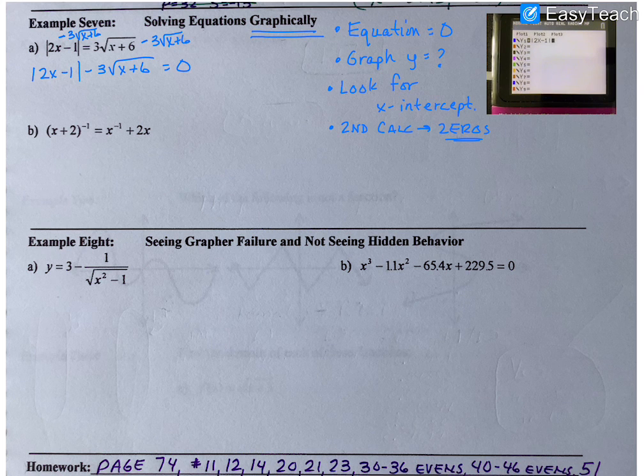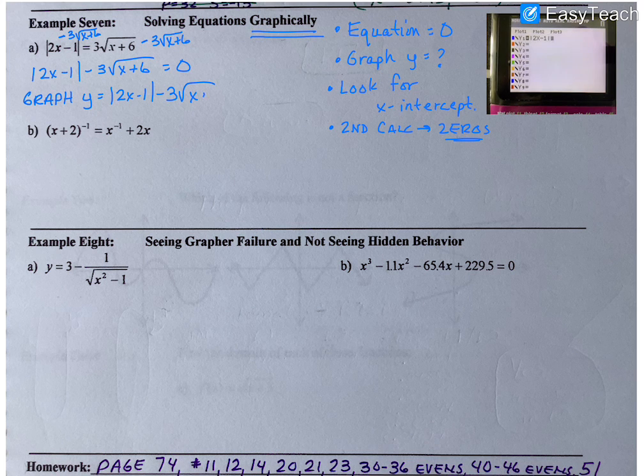And so in one step, we were able to get the equation equal to 0. Now we will be ready to graph. And when we graph, we just take that equation and make it y equals. So y equals absolute value of 2x minus 1 minus 3 square root of x plus 6.